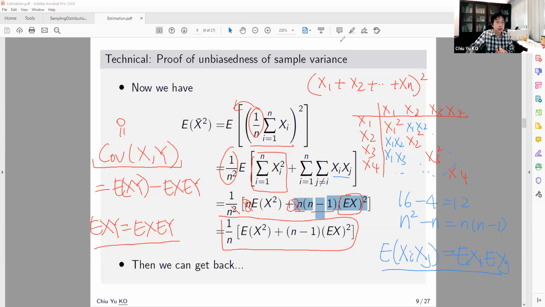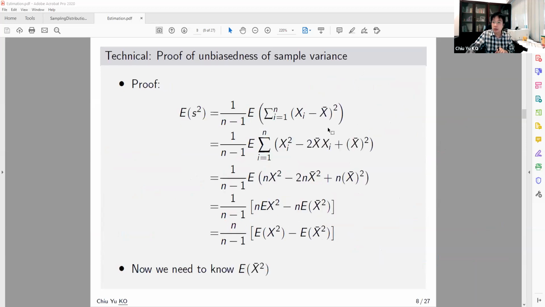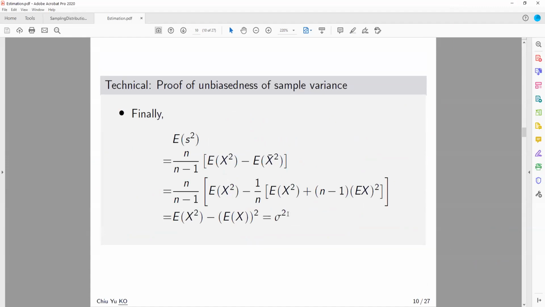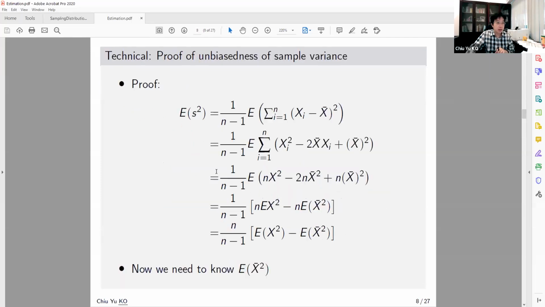The question is, plug the SD into the formula here. Are you asking this question, Vicky? On page 10 you computed the square, so should you plug that number back into the formula on page 8? I don't need to.